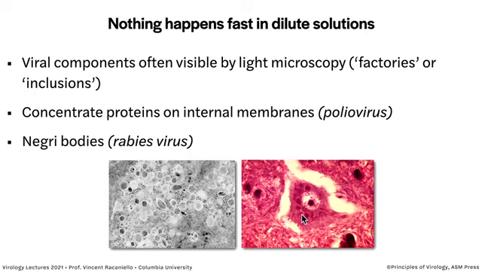So Negri bodies are these round, reddish structures in the cytoplasm of this cell. The nucleus is in the middle here, and it doesn't look very good. It's shrunken. But these red circles in the cytoplasm are Negri bodies. That's where RNA and nucleoprotein of the virus is assembling. So things don't just happen scattered all over the cell. They happen in concentrated areas, so that reactions can proceed quicker.